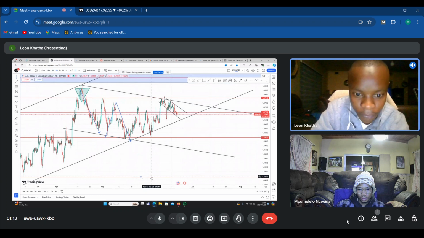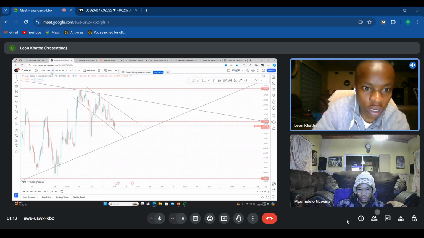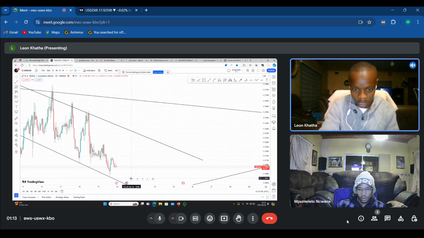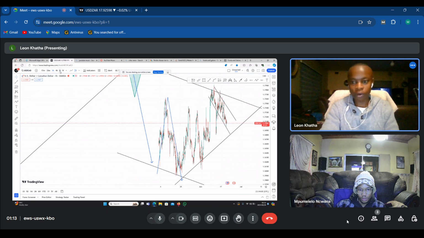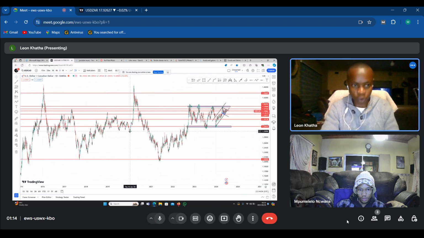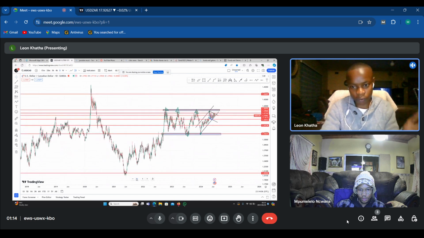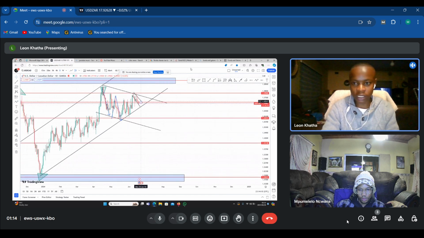Okay, let's get deeper. Let me go into my 1 hour. On my 1 hour, as you can see, the data that I got is correlating with the data that I got on 4 hour. If you check my data, I see that I've reached my level of resistance where I'm expecting the market to drop.